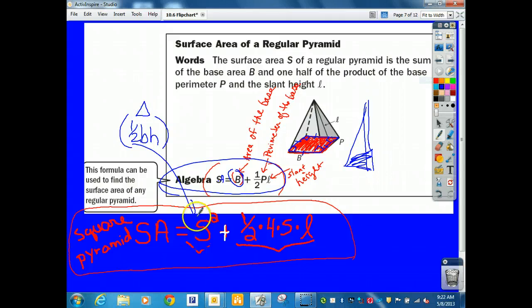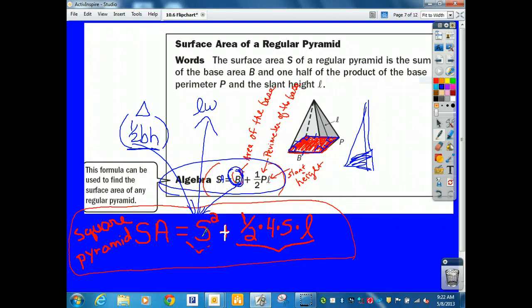What if it has a rectangular base? Now, we wouldn't put side squared, then we would put what in there? How do you find the area of a rectangle? Length times width. Thank you. Yes, length times width. All right, so whatever the base is, if it's a triangle, you'd put 1/2 times the base times the height in here. If it's a square, you put s squared in there.